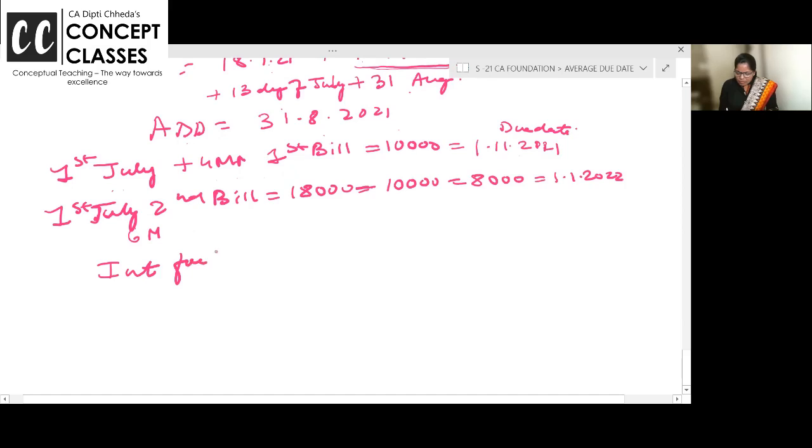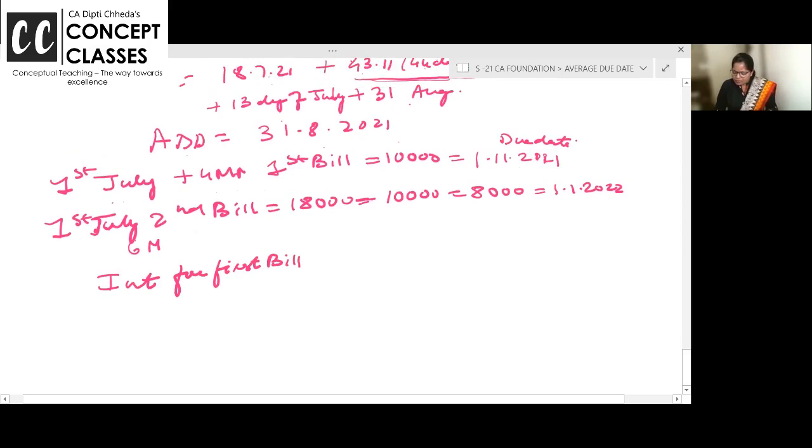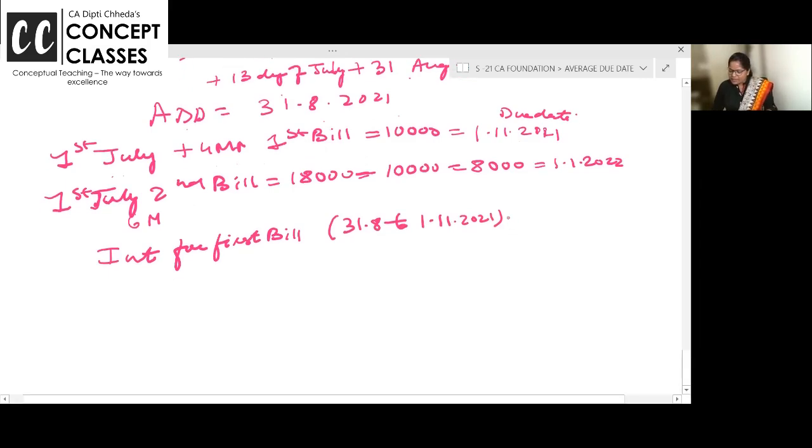Interest for the first bill is from 31st August to 1/11. And this interest, because it is 10% per annum, we'll calculate in days.